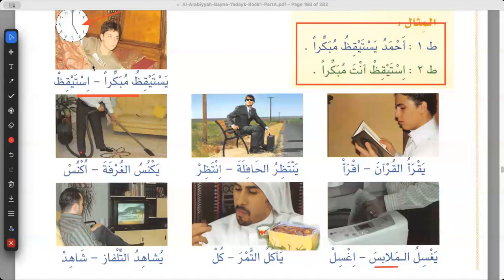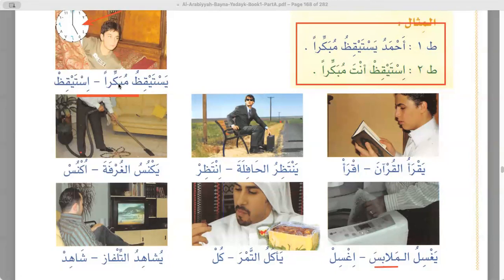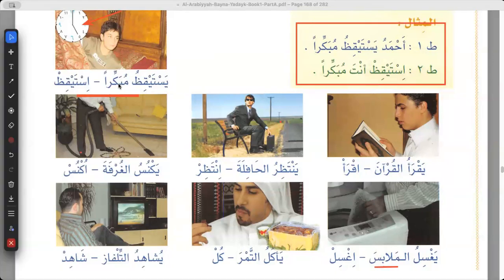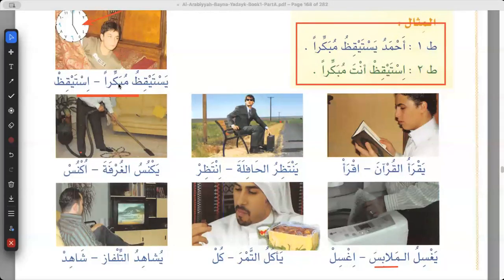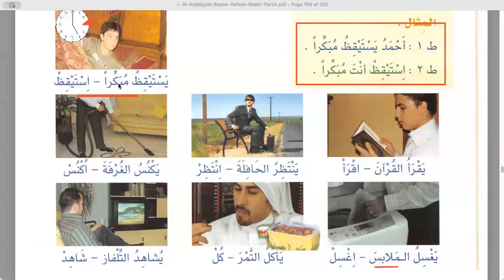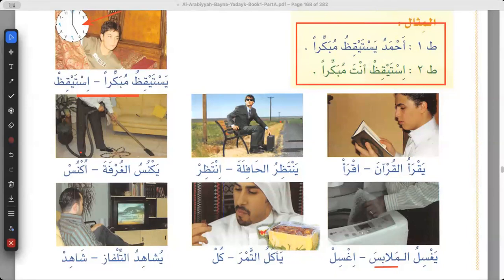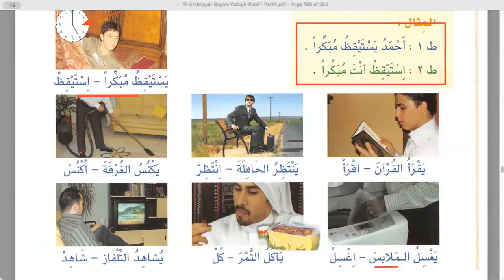Istayqidh anta mubakkiran. So we have yastayqidhu, which is fi'l al-mudari'. Then we have amr from it, which is istayqidh. So these are the two things that I want to look at: fi'l al-mudari' wa fi'l al-amr. Ahmadu yastayqidhu mubakkiran.